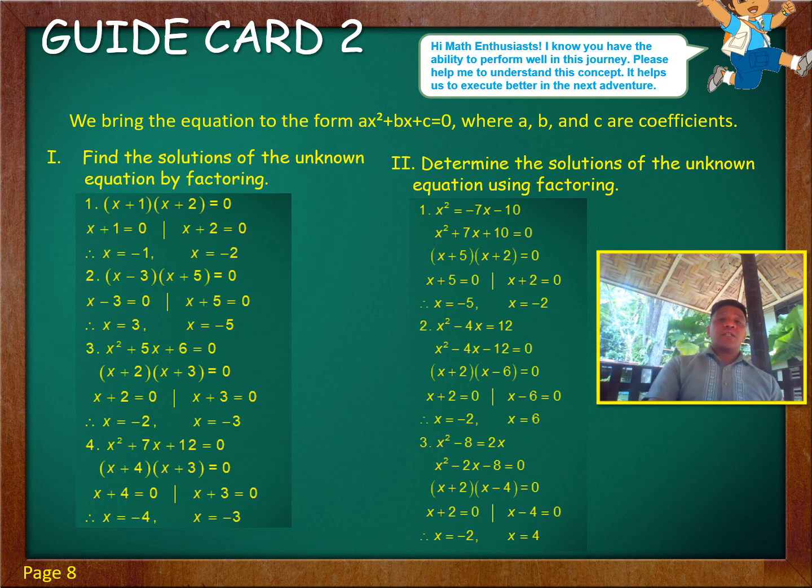The second sub-objective uses factoring by making sure that your quadratic equation is written in the standard form, ax squared plus bx plus c equals 0. I want you to be guided by this.